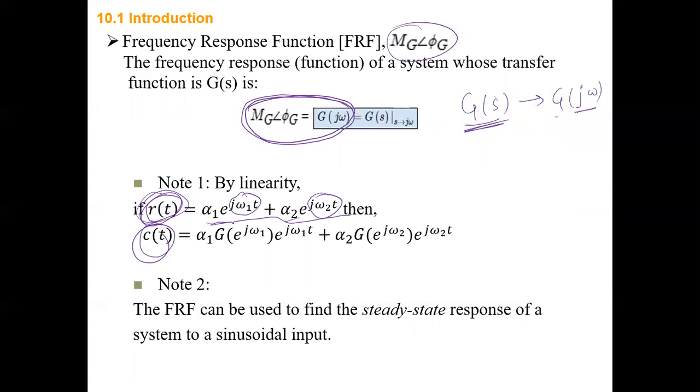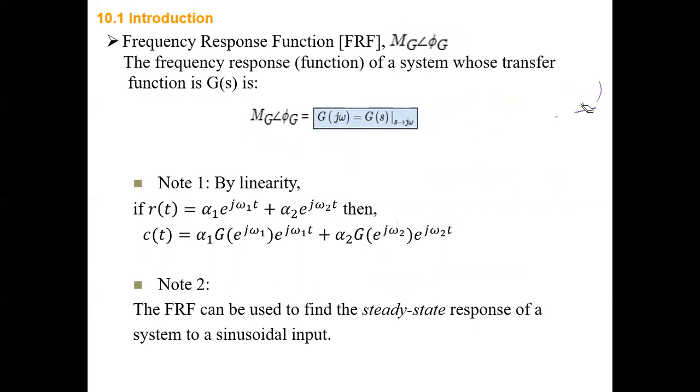You just insert G here and similarly here. Everything else will be the same. Even though you have a linear combination of different frequencies, the output is also found accordingly. That's the beauty of this method.